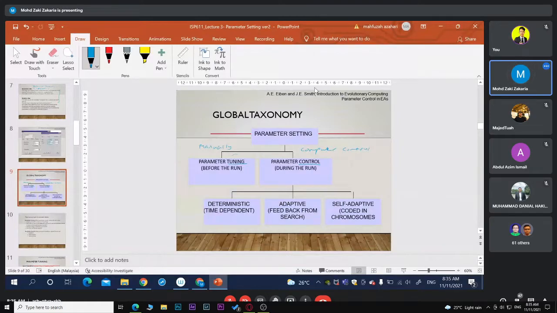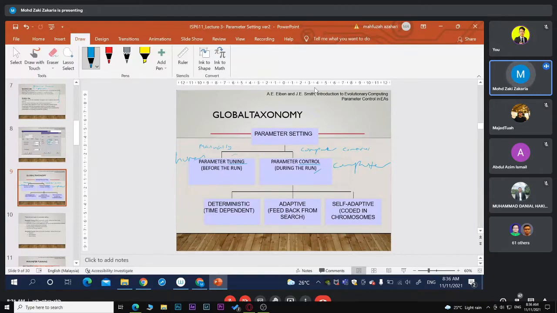Parameter control means during the run, the computer tries to find the best value for each parameter, for example mutation, number of population, and so on. Parameter tuning is done before the run, but parameter control is done during the running of the system. This is human. This is computer managed.